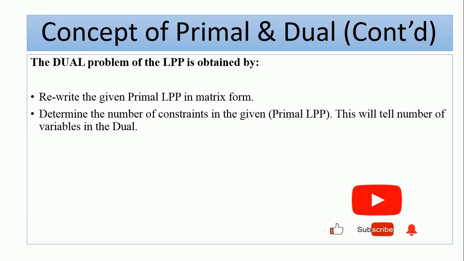Having the number of constraints will determine the number of variables that you will have in your new problem, which is the dual. Then you need to transpose the left hand side of the constraint matrix. You shall see this in our example.